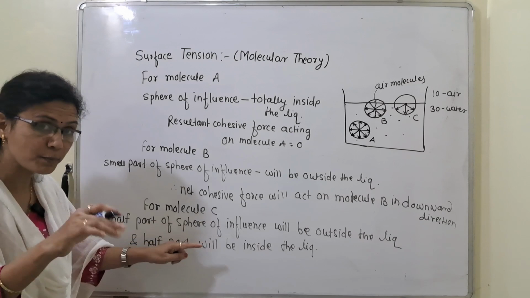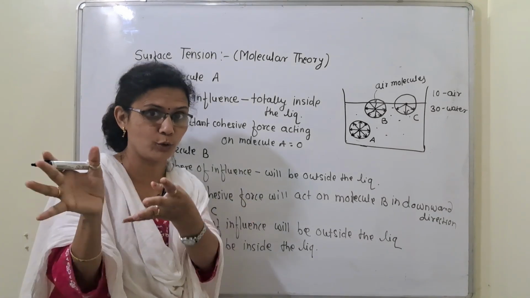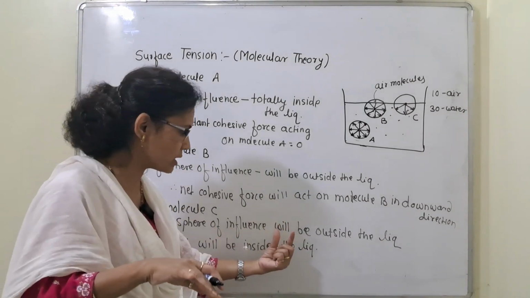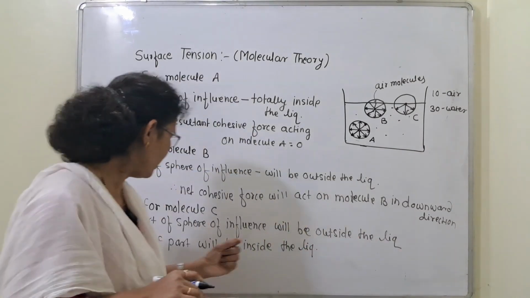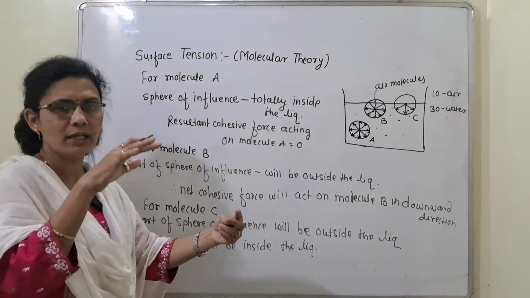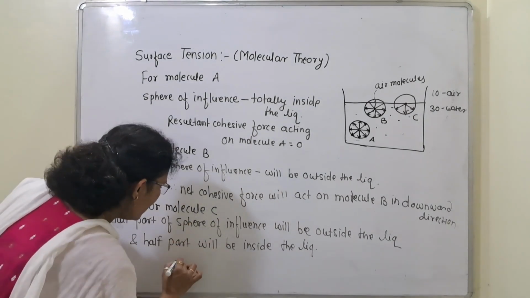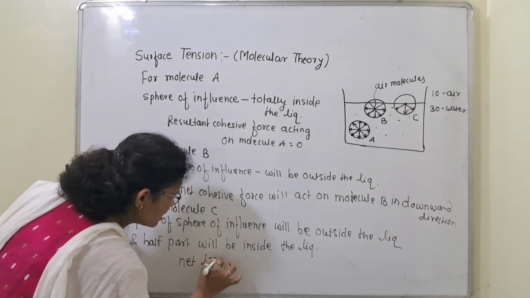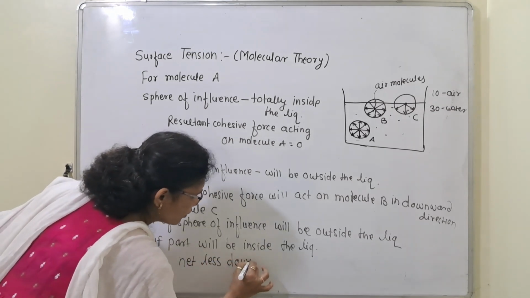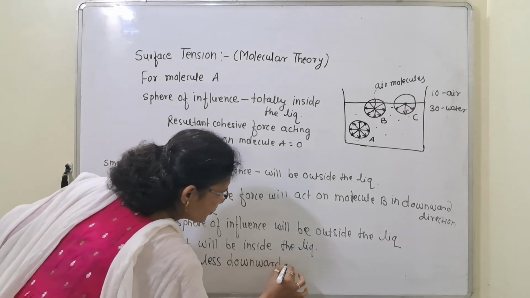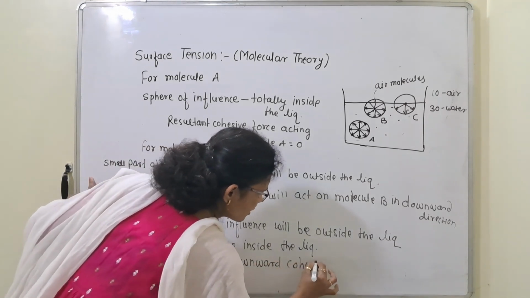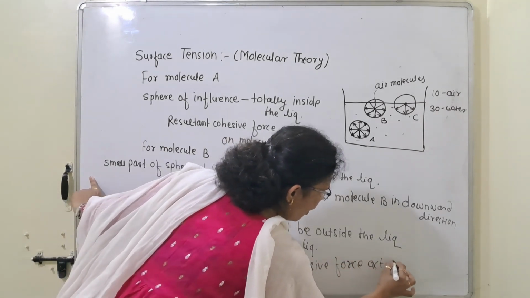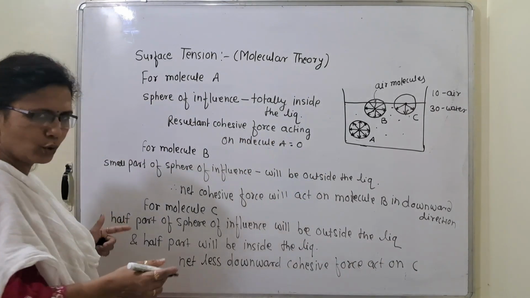Half part of sphere of influence, not the half part of molecule C. Half part of influence of molecule C will be outside the liquid and half part will be inside the liquid, and net less downward cohesive force acts on molecule C.